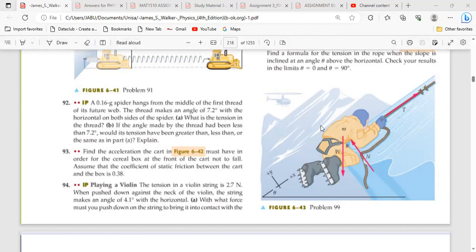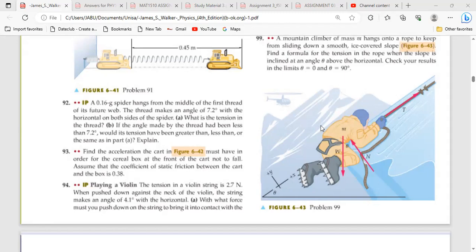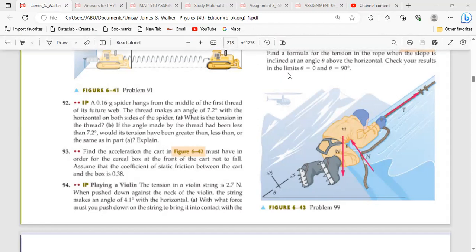Find a formula for the tension in the rope when the slope is inclined at an angle theta above the horizontal. Check your results in the limits theta is equal to 0 and theta is equal to 90 degrees.